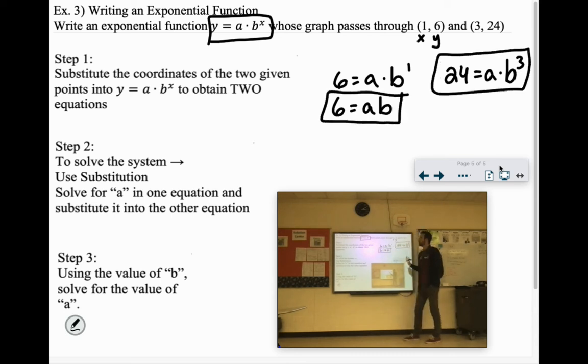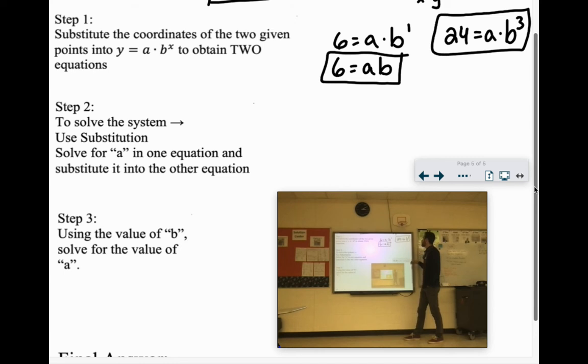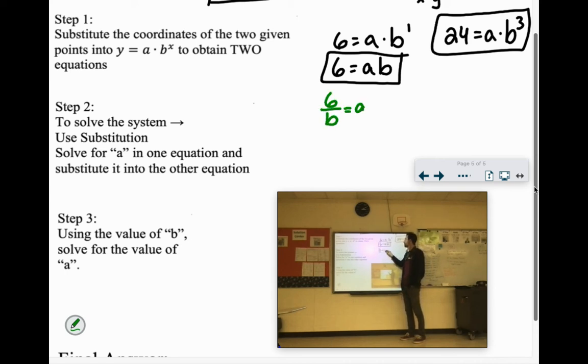So step 2, we're going to solve those like a system of equations. It's going to be easier if we can get this first a or b by itself. I'm going to get a by itself. So if we get rid of this b, we'd have to divide it. So 6 divided by b is going to be equal to a.